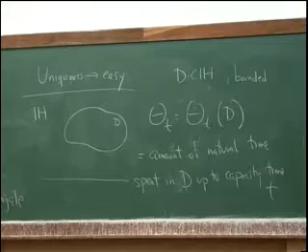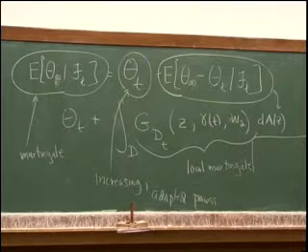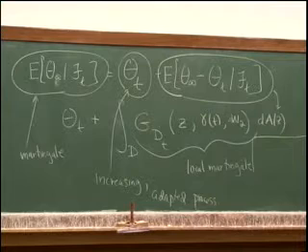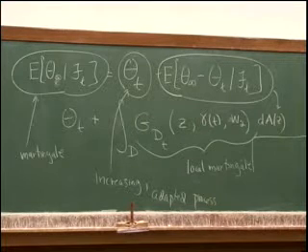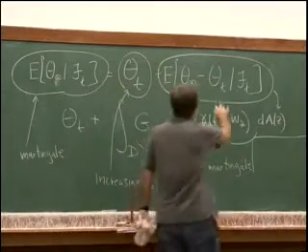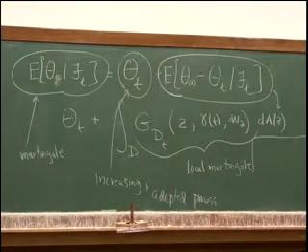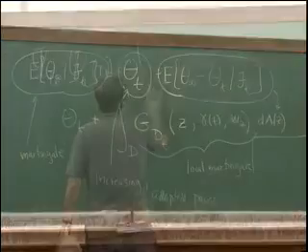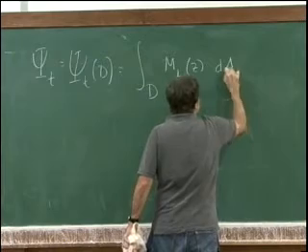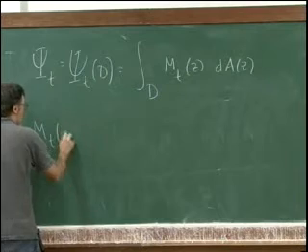And this quantity here, I'm going to call capital psi t, which depends on D, but I won't write it. We think about it as this conditional expectation, but I will write it as the integral over D of m_t(z) dA(z), where this is this local martingale.